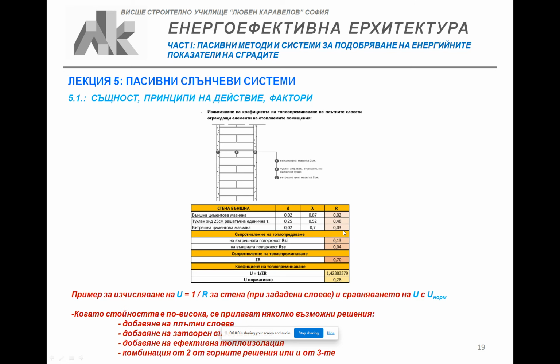They can be taken ready without calculation, and then all these results are summed and then reversed to get the final coefficient of heat passing of the wall and compared with the normative requirements. As it's seen here, a simple 25 centimeters brick wall with two finishing layers is definitely not enough according to contemporary requirements.